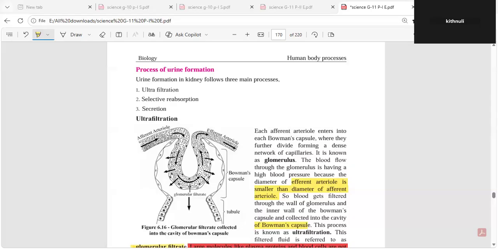Afferent එකේ වැඩි. Therefore, it will build a pressure inside these capillaries. Why? This entering volume of blood cannot maintain the same speed in the efferent arteriole.